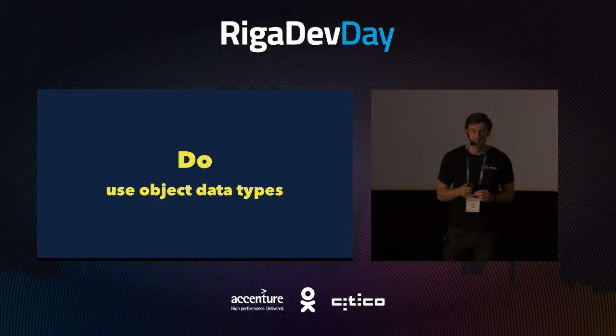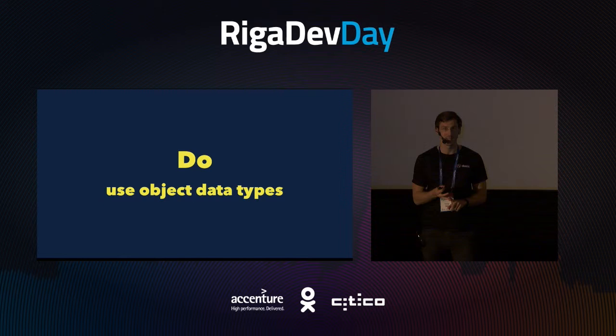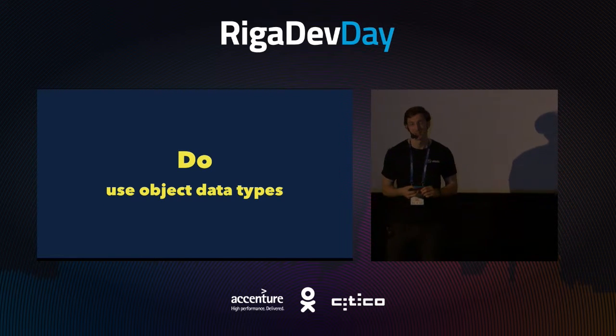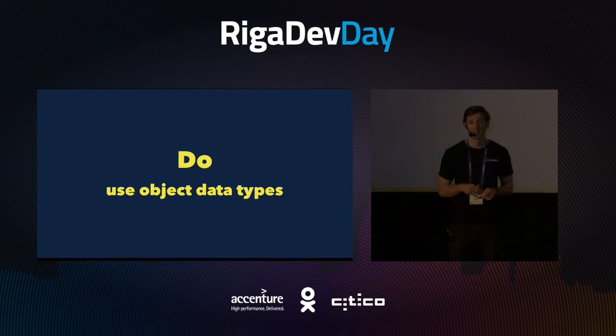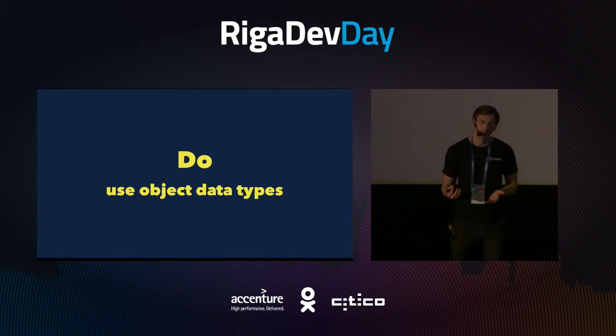Use object data types. Any ideas? In the code example, we've had a Boolean which was a primitive data type and an object data type. Why could I prefer the object data type? Any ideas? Exactly, null values. If it doesn't exist, MongoDB doesn't need to store it. So null values are not stored. The thing with primitive data types is there is no null value.